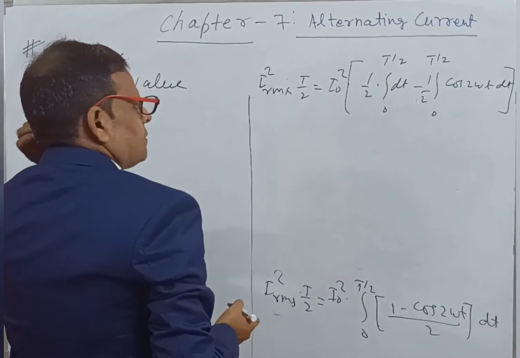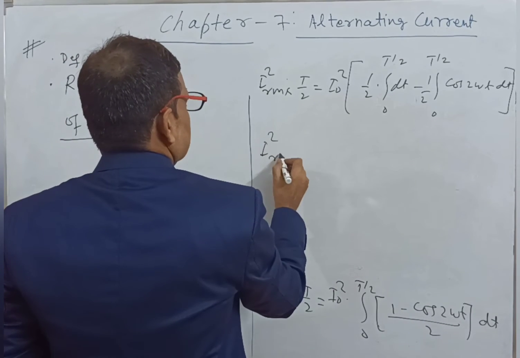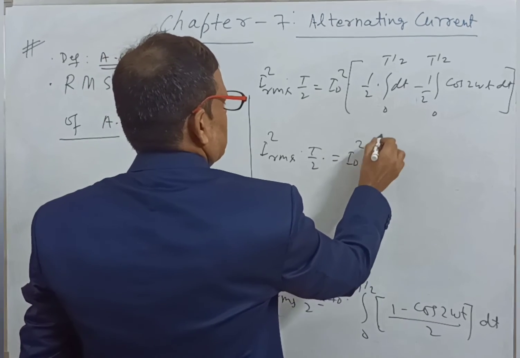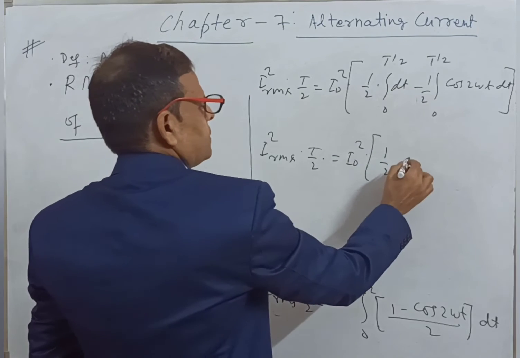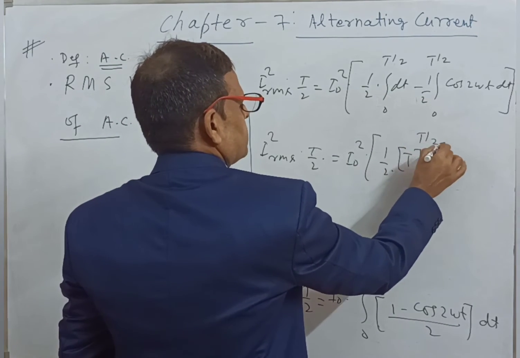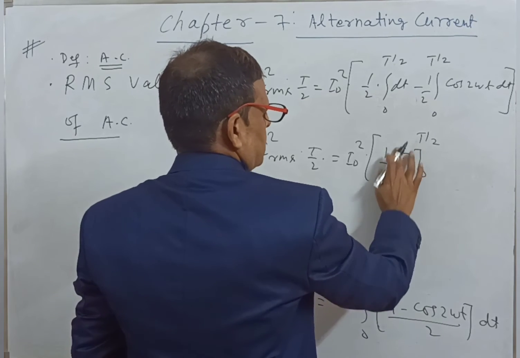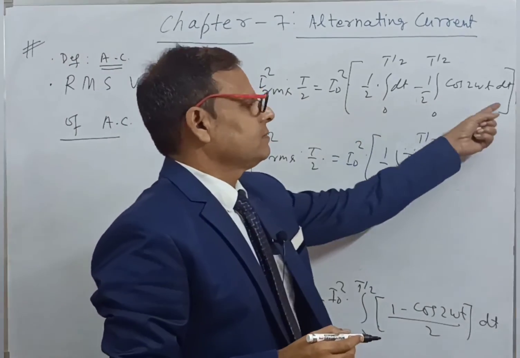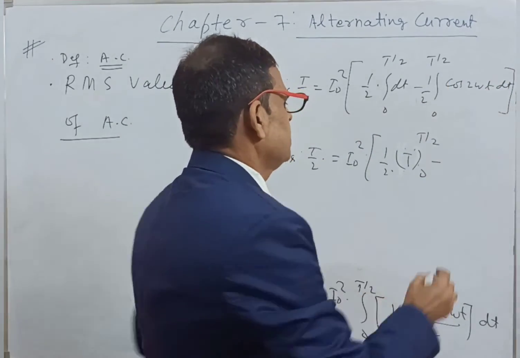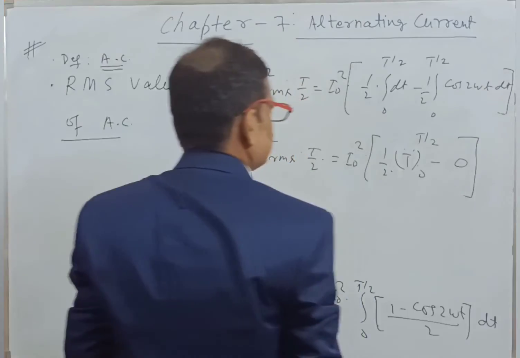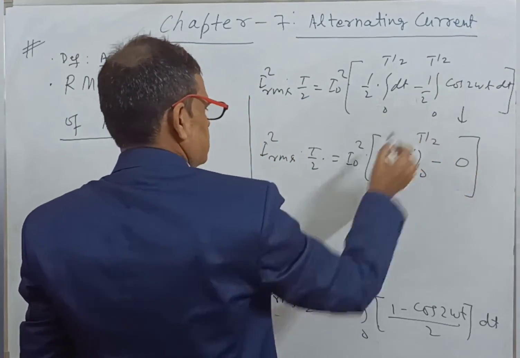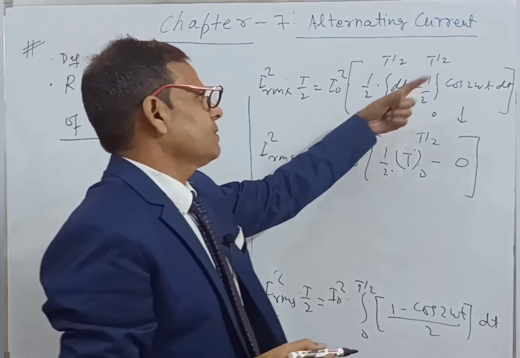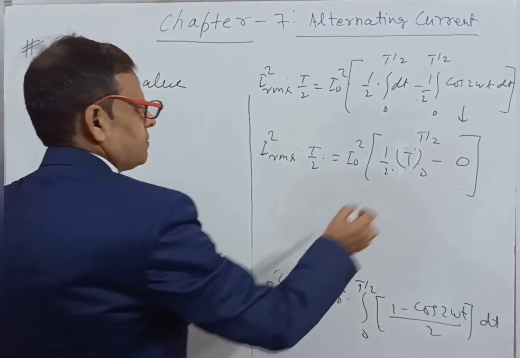Now we can write I RMS square T by 2 is equal to I naught square times 1 by 2 times the integral of dt, that is t from 0 to T by 2, minus the second term. If you calculate its value separately, it will be 0. You can check it: after calculation and after applying the rule of integration, its value will be 0.